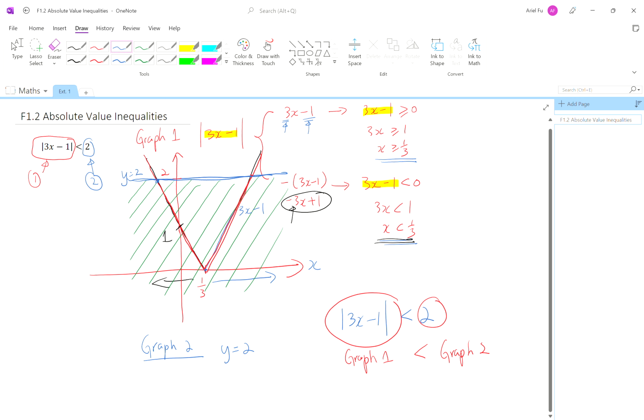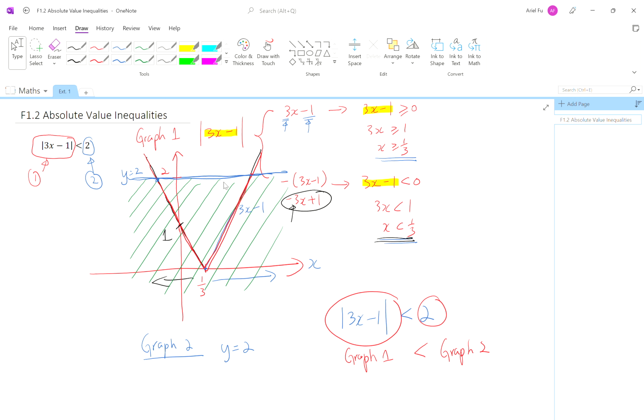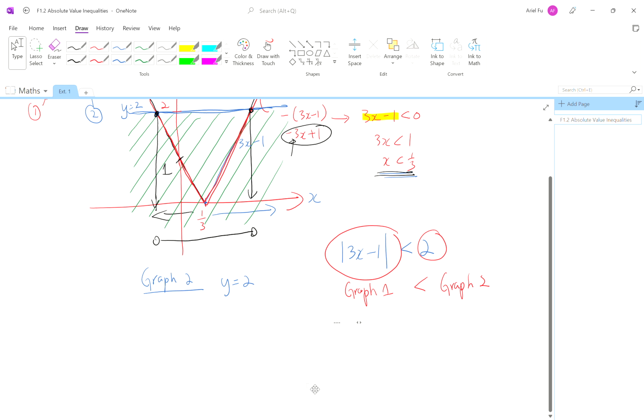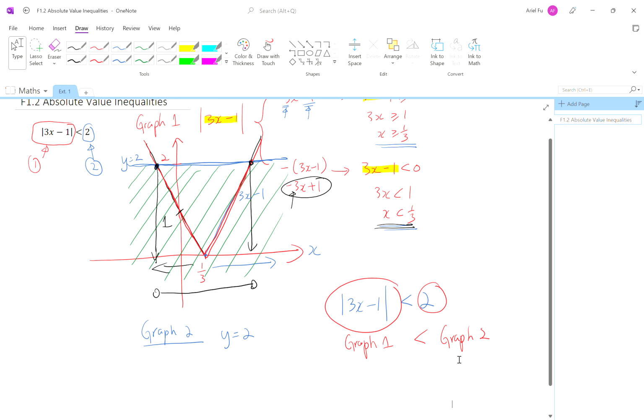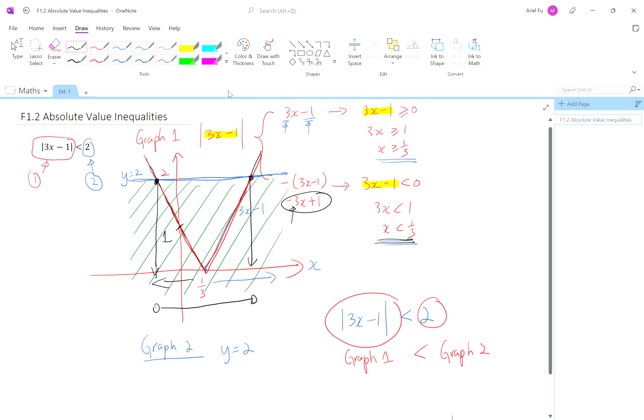Once you see that, everything else is quite simple. To solve this inequality, I have to find where the intersection points are, and your solution is all the x's in between those two intersection points. I know that the absolute value graph was dissected into two bits.